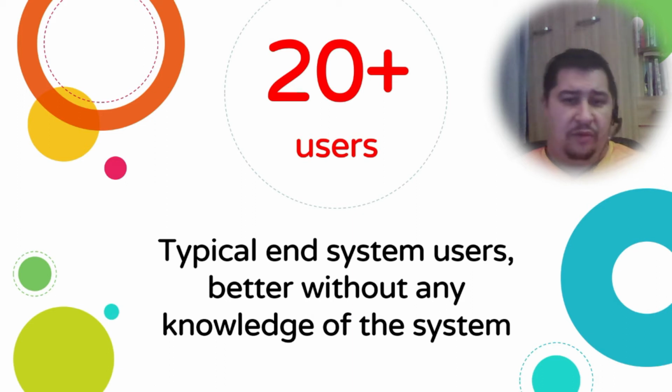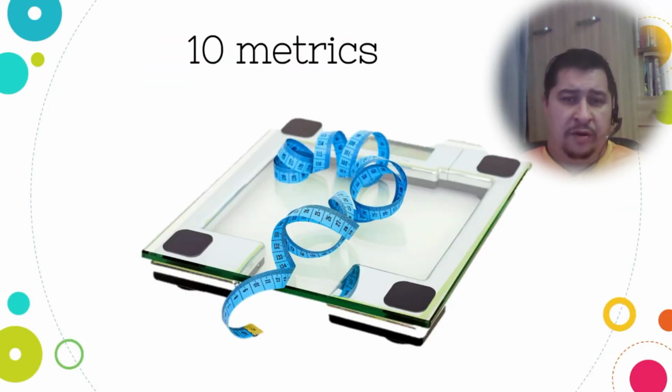So you can grab your family, your friends, or even colleagues who are not aware of the capabilities of the system and haven't used it, let's say from the other room or the other team. The possibilities are endless, but all in all, you need 20 plus people to use the system, and from there on you can measure a lot of things.